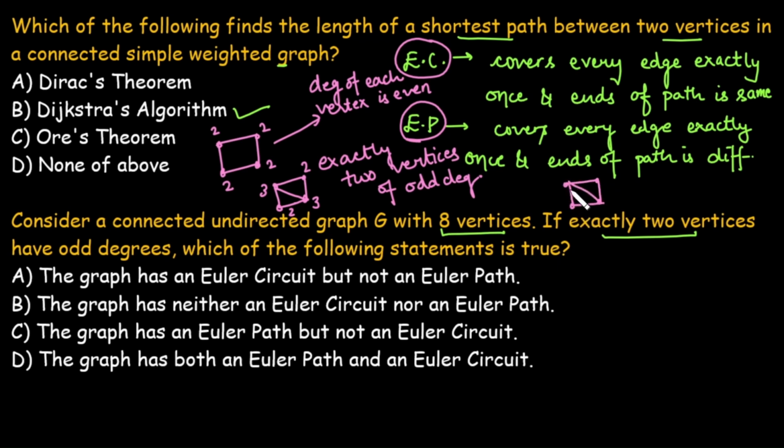As we started from the first, now we are ending at the third. End points are different and we have covered each and every edge exactly once, so it has an Euler path. Now read the statement. 8 vertices are given to us, exactly 2 vertices of odd degree. If we have exactly 2 vertices of odd degree, it means the graph has an Euler path, not an Euler circuit. Hence option C is correct.